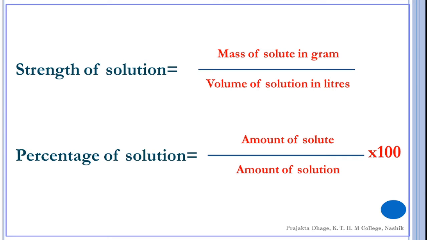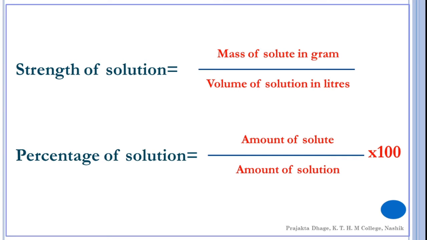The percentage concentration of a solution is usually expressed either as percentage by mass or percentage by volume. So basically, percentage of solution is the amount of solute divided by the amount of solution, and then you take the percentage of it.